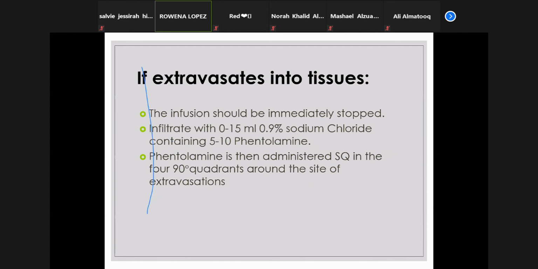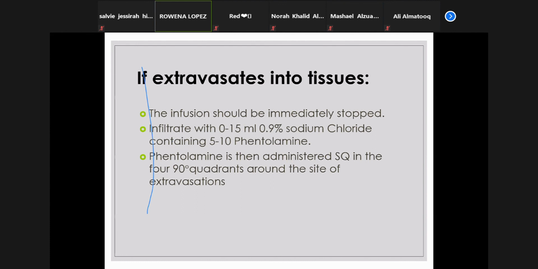So if vasopressors or inotropic agents extravasate into tissues and cause mild necrosis, this is the medication that should be given to the patient to avoid developing a more disastrous effect.